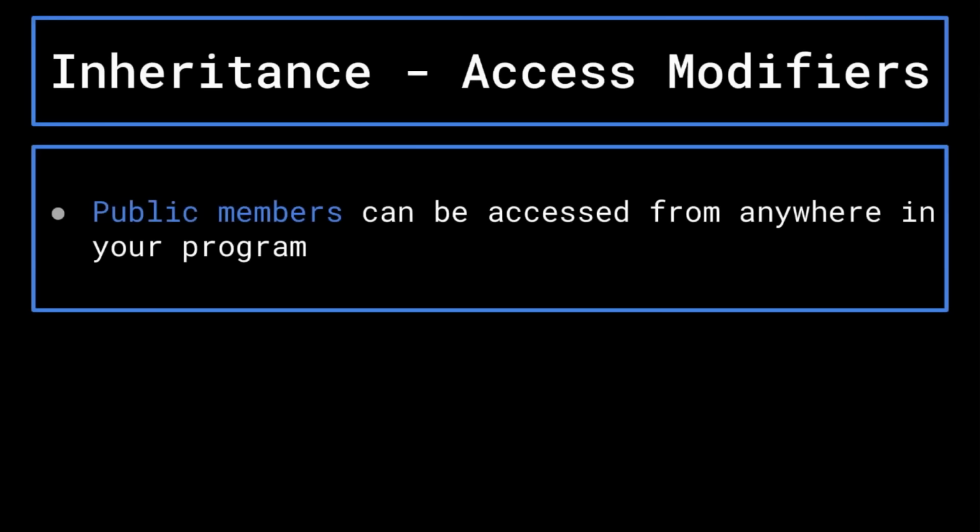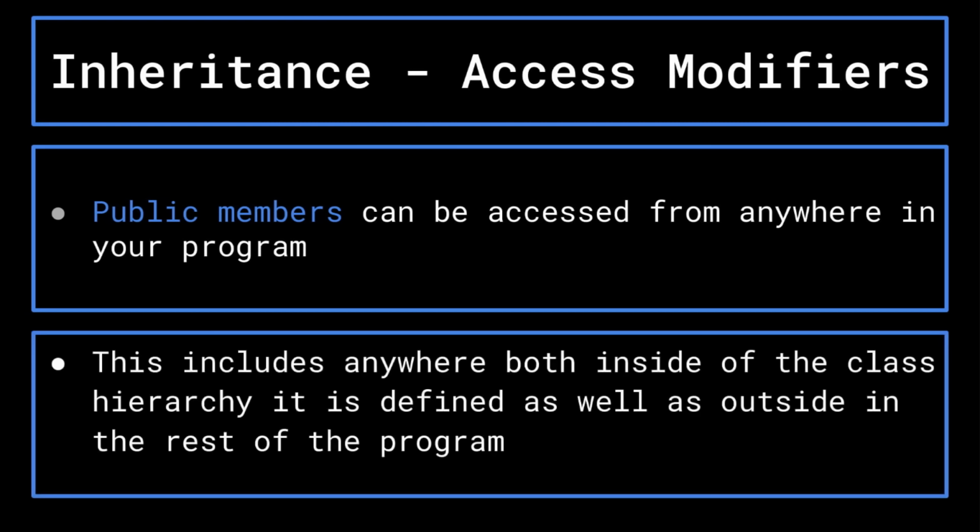Public is probably the most simple of the modifiers. A public member or class can be accessed from anywhere. This includes any superclasses, subclasses, or anywhere else in the program. This is very useful when you need to have access from a wide variety of places in your program.